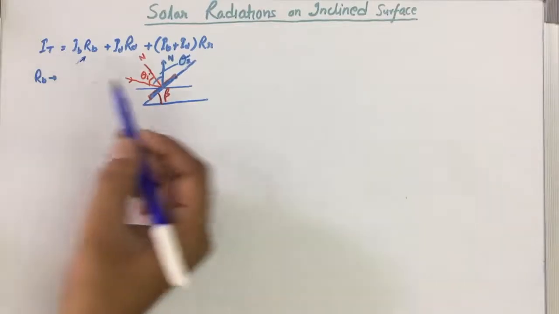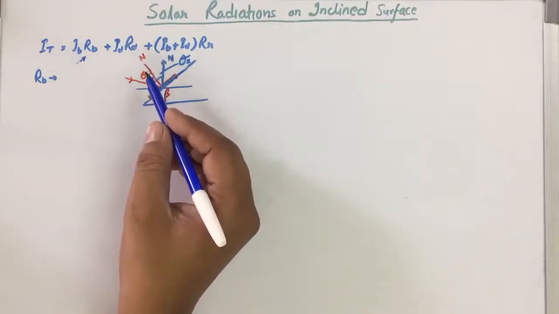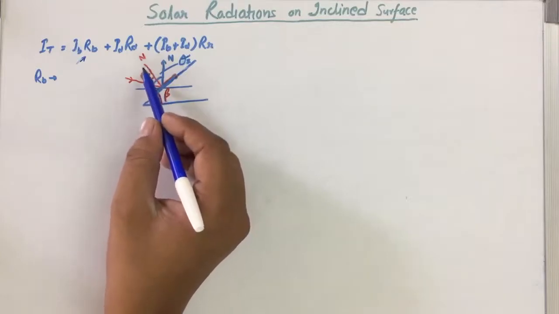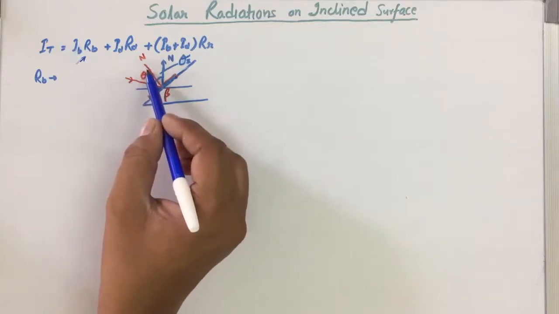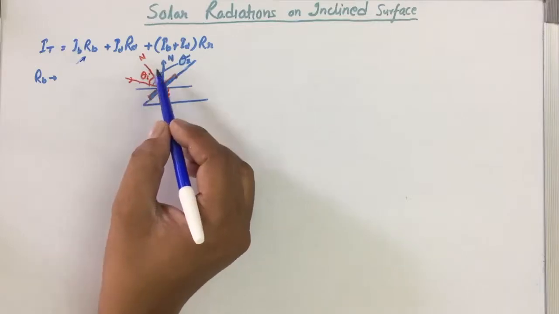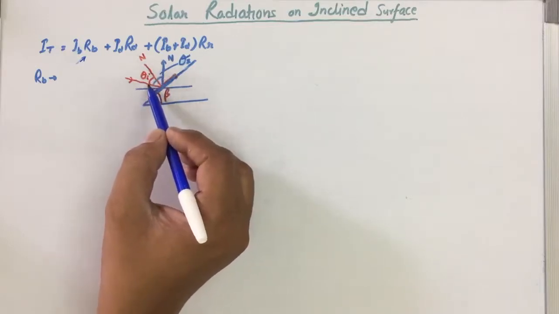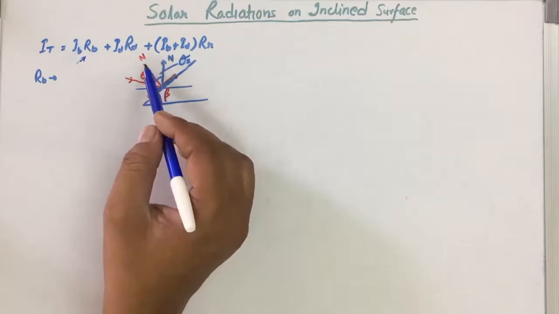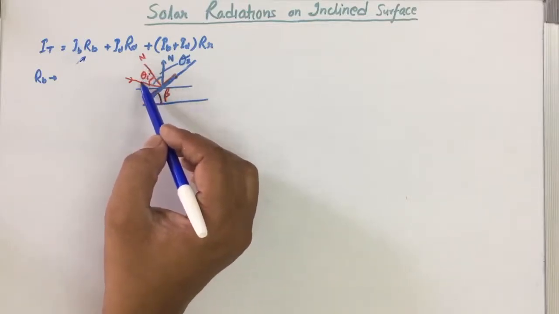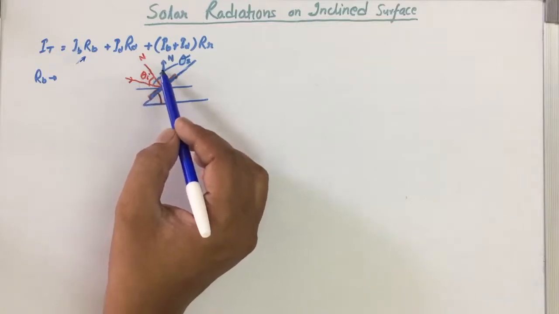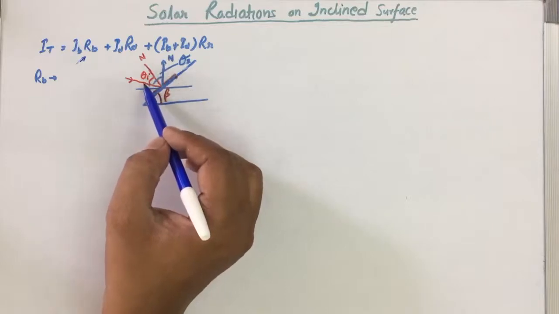If we define RB, then we can say it is the ratio of the flux of beams when it is inclined, in this direction it is maximum, and when it is horizontally placed. So it is maximum in this direction, the part of the maximum radiations in the inclined surface and the part of the radiations in the horizontal surface.